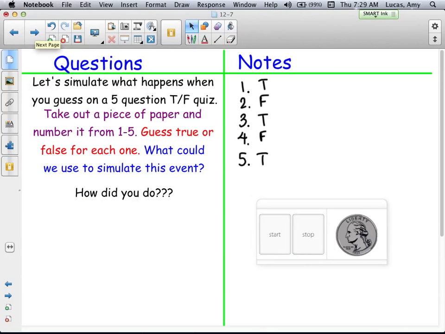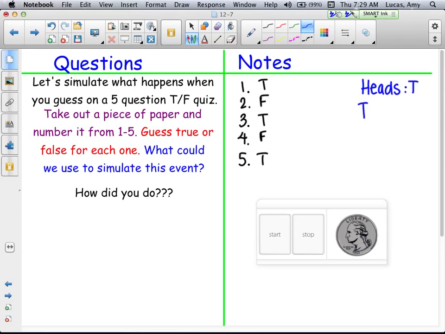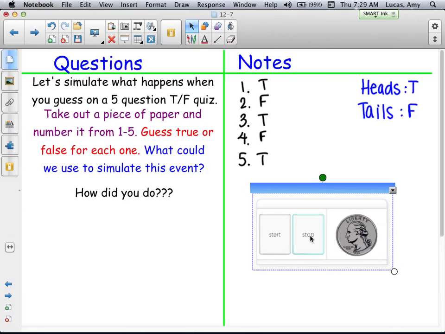So I'm going to simulate this, and I'm going to use heads for true and tails for false. So I have heads for the first one, so that means true. So I got that one right.